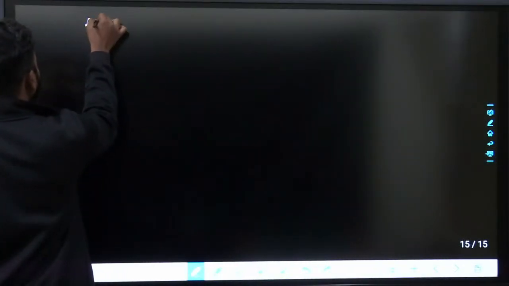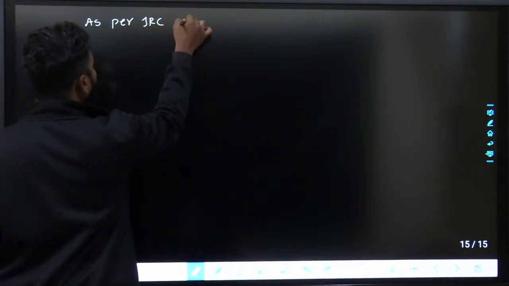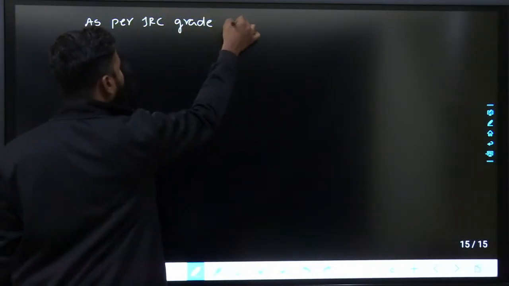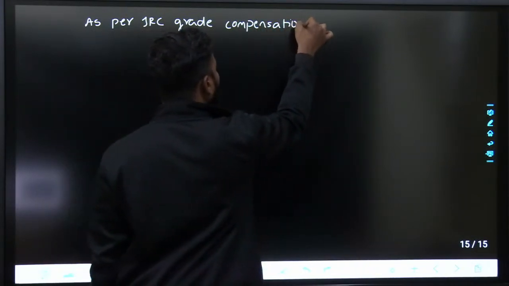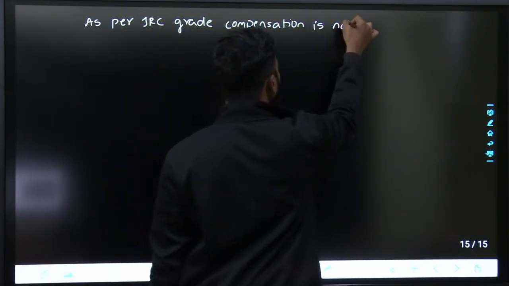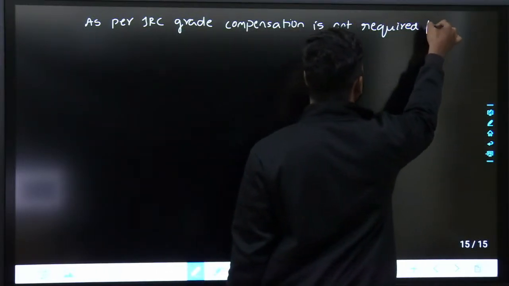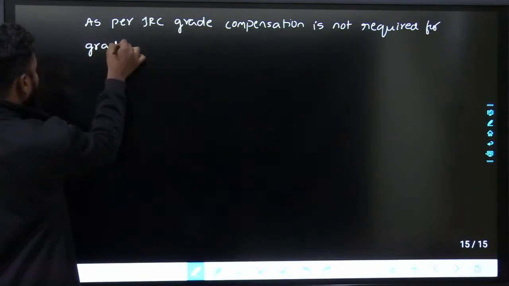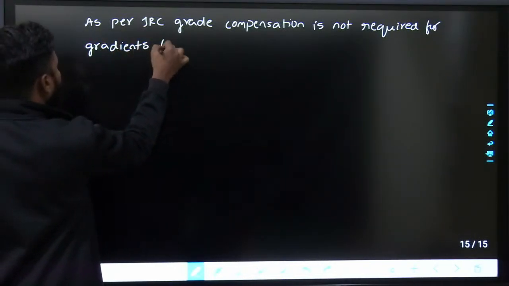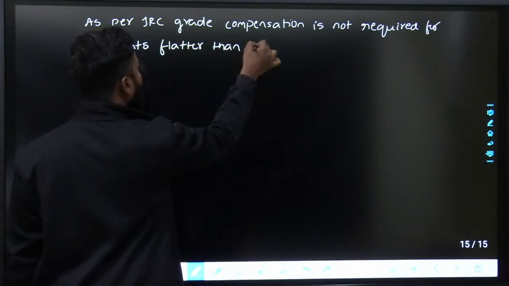As per IRC, grade compensation is not required for gradients flatter than 4%.